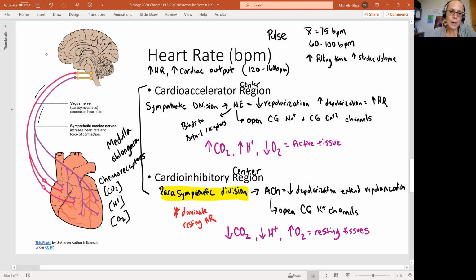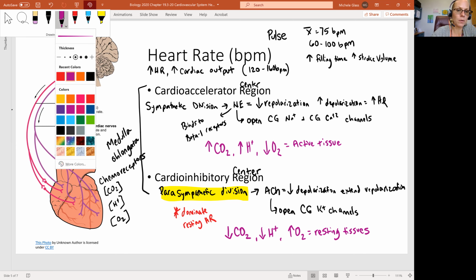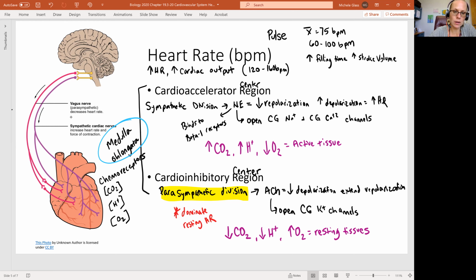There's one other important center that's present in our medulla oblongata. So I'm going to grab a blue color here. So we're still going to be talking about here in the medulla oblongata. So remember, we had the cardio accelerator center or region.